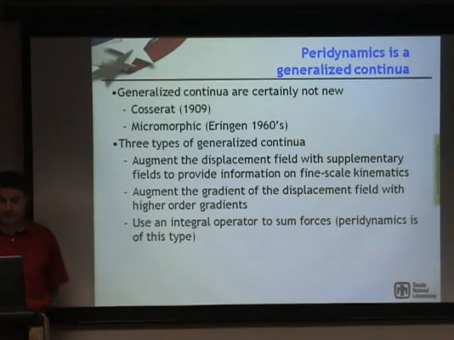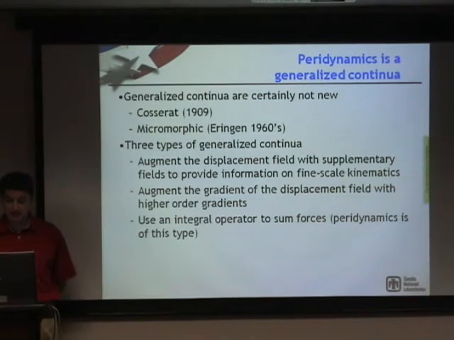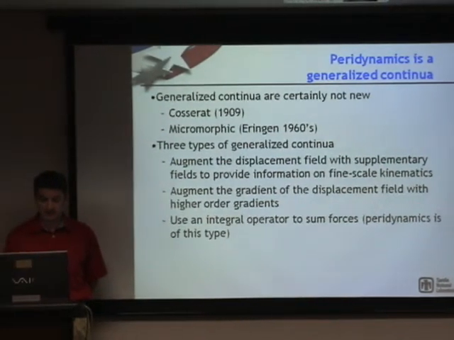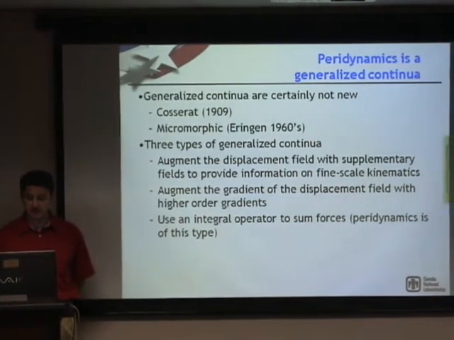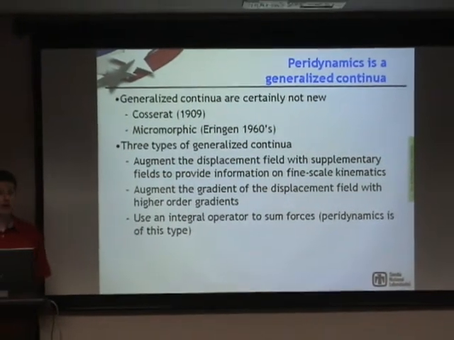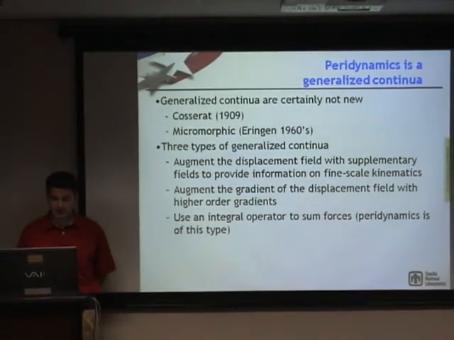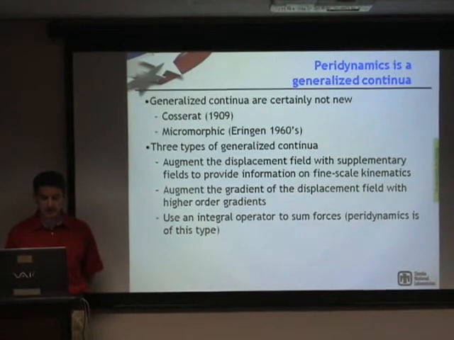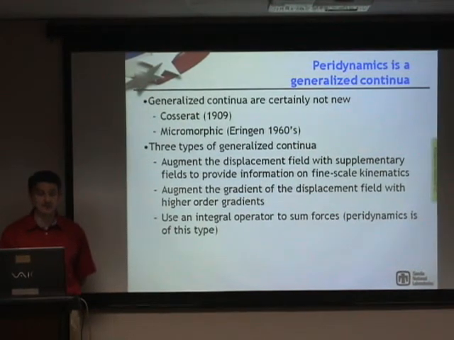The first augments a displacement field with supplementary fields like rotations to provide information of fine-scale kinematics. You can augment a gradient to the displacement field with higher gradients. We'll get to that a little bit more in a moment. And then you can also consider an integral operator to average forces. And in particular, paradigmatics is of this last type.